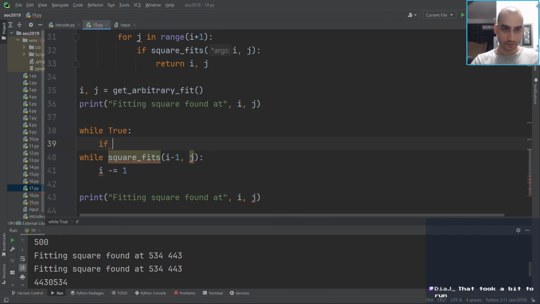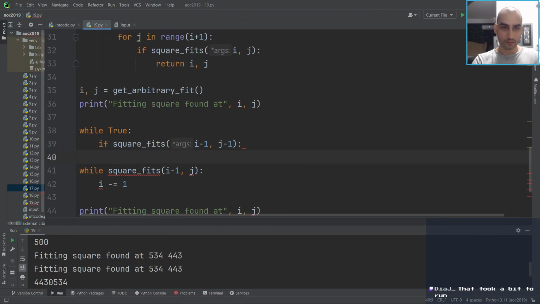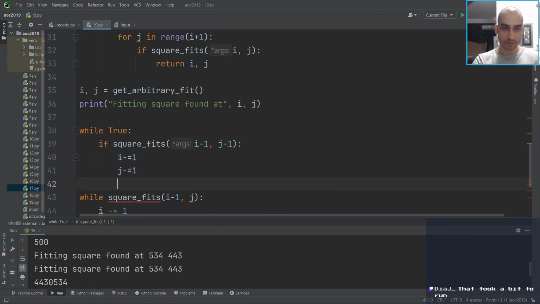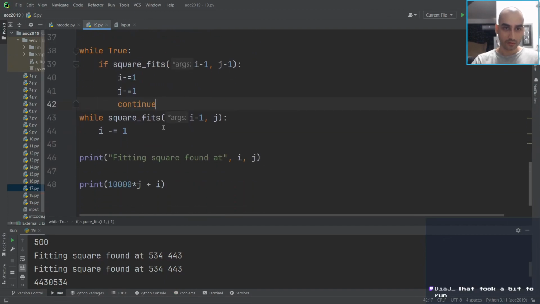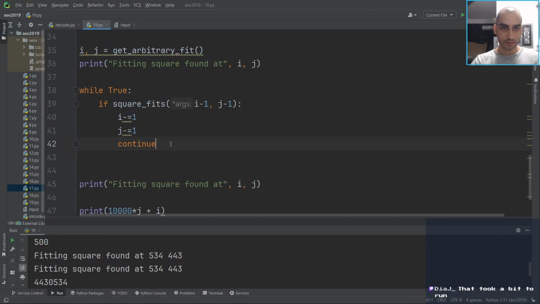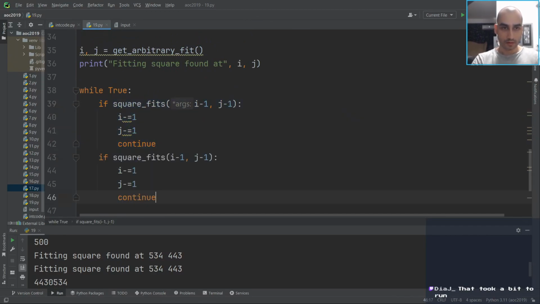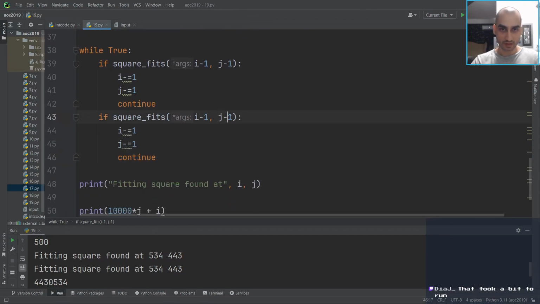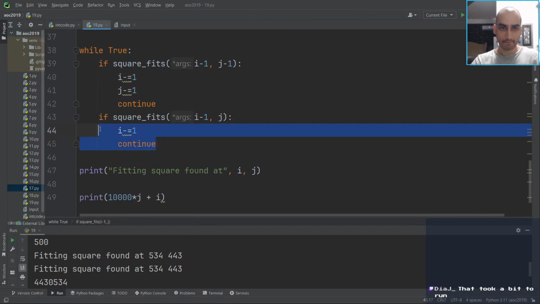If square fits I minus 1, j minus 1, then I minus equal 1, j minus equal 1, continue. If square fits I minus 1, let me go like that.